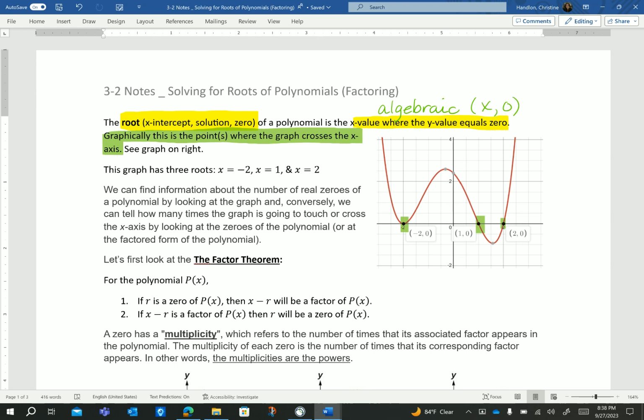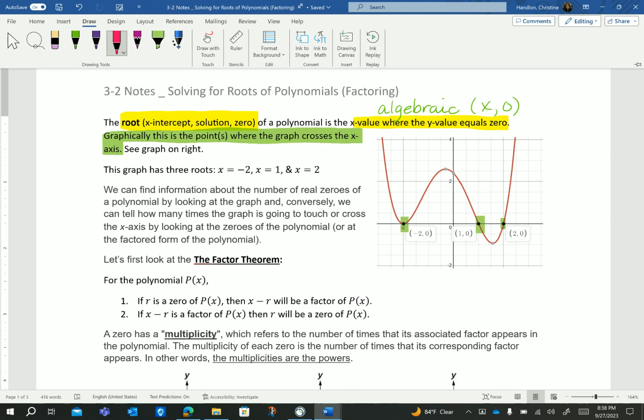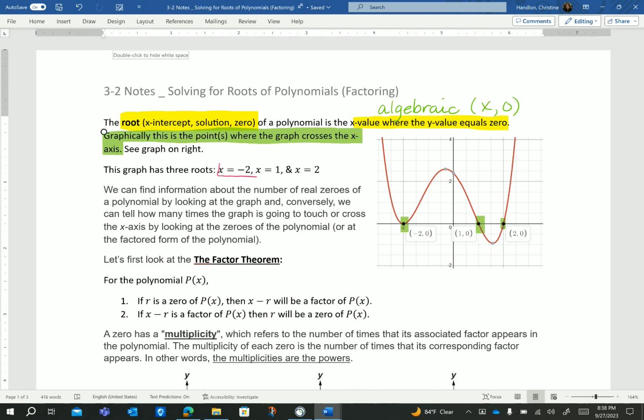On Delta Math, they are going to want you to just write x equals whatever the number is, okay? So sometimes we can just write it like this. We don't necessarily have to write the coordinates, the x and y coordinates of each point. So we can find information about the number of real zeros of a polynomial by looking at a graph, and conversely, we can also tell how many times the graph is going to touch or cross the x-axis by looking at the zeros of these polynomials.